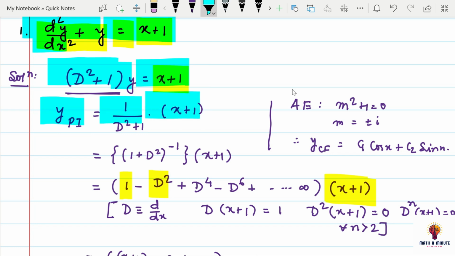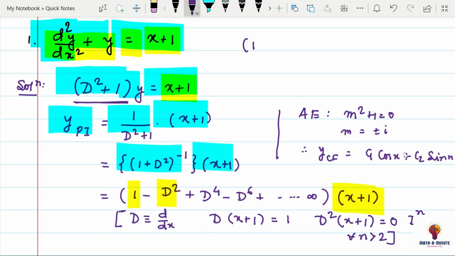So we can write this operator in the form (1 plus D square) to the power minus 1 into (x plus 1). We know that (1 plus x) to the power minus 1 is 1 minus x plus x square minus x cube, up to infinity.